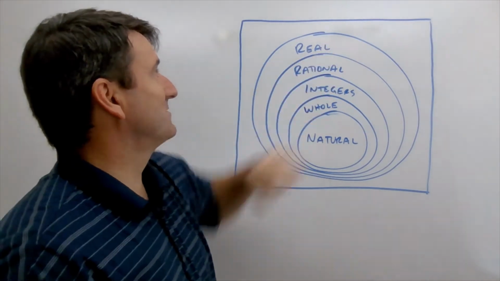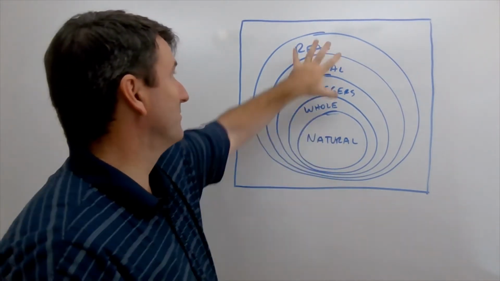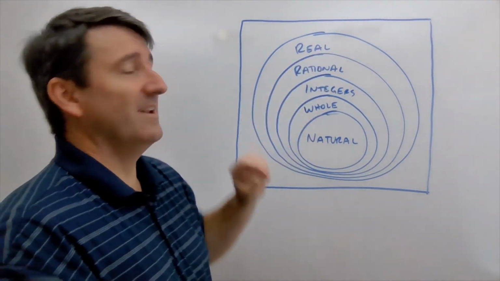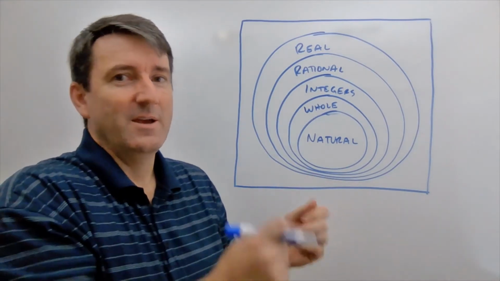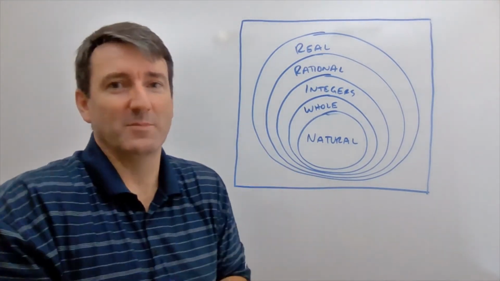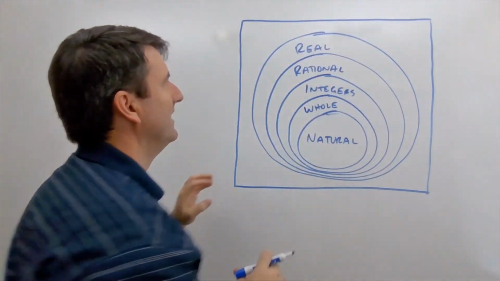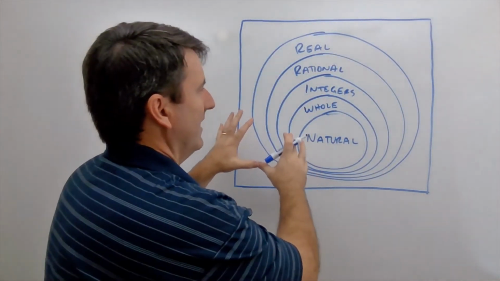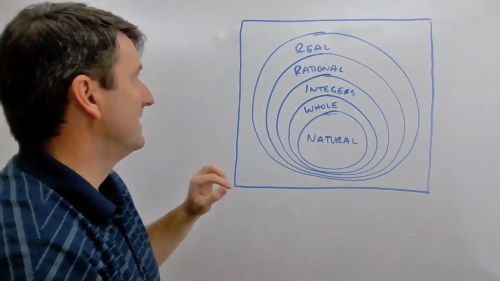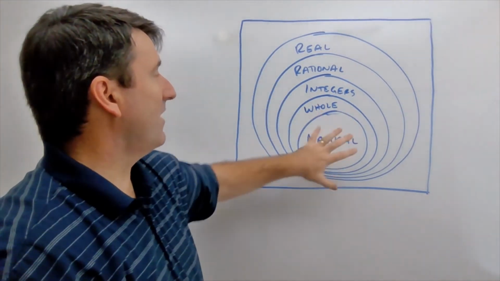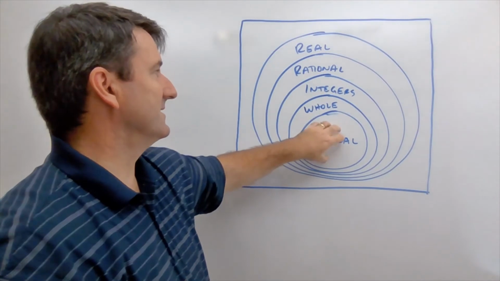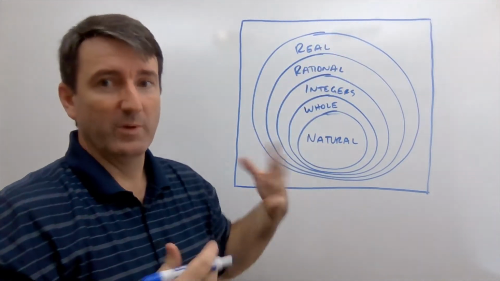And the same thing is true for real numbers. When we go up to real numbers, there's an infinite number of irrational numbers between any two rational numbers that we can think of. So we're really increasing the number of members of each of these sets. But we draw this to show you that each of these is a subset of the real numbers.